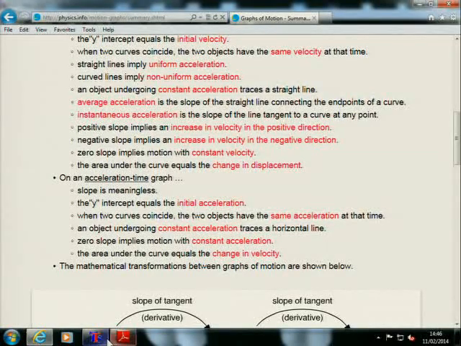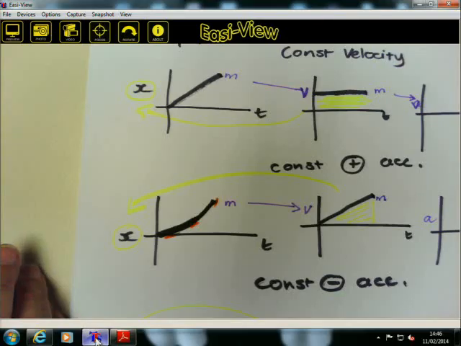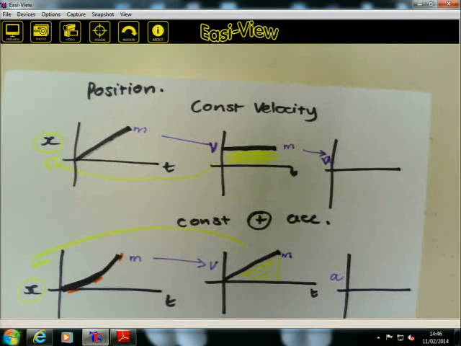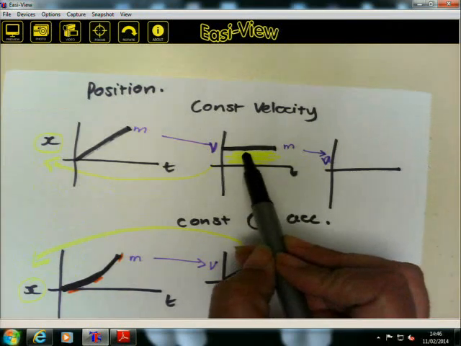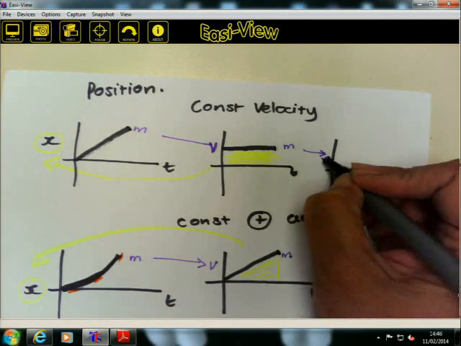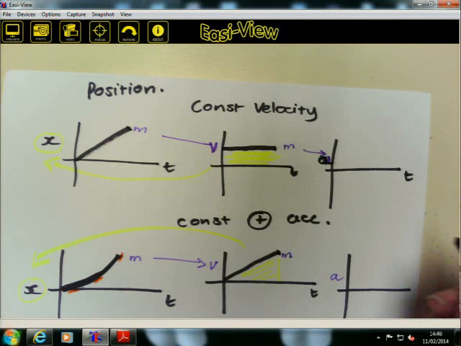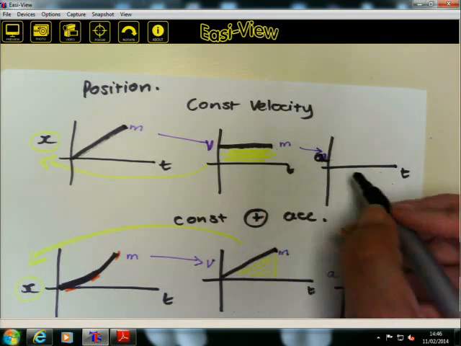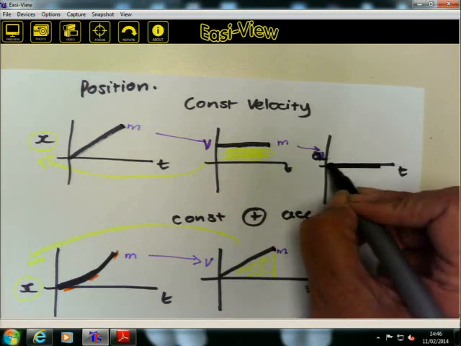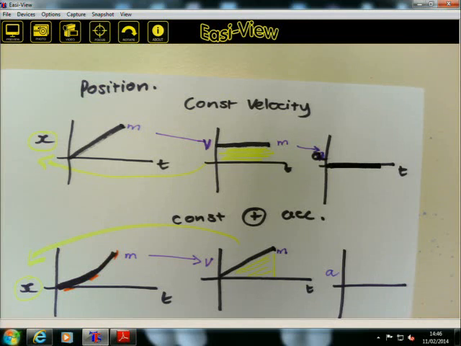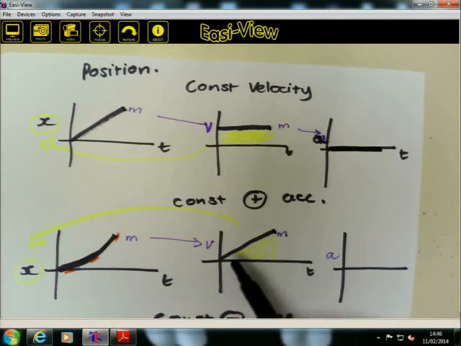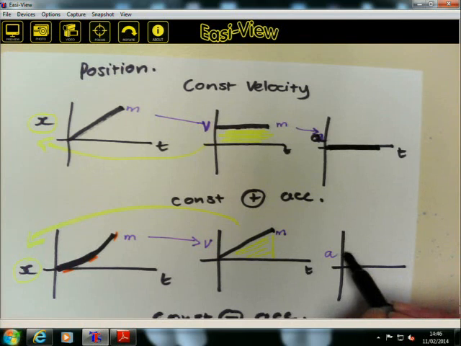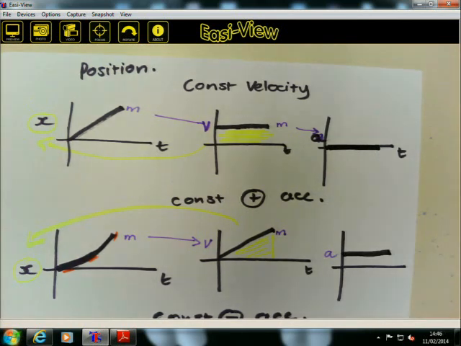Let's quickly have a look and apply that to our graphs. So let's see if we can draw this graph. The gradient of this graph must give me my acceleration. There is no gradient, so in this case my acceleration is 0. The gradient of my velocity time graph gives me acceleration.